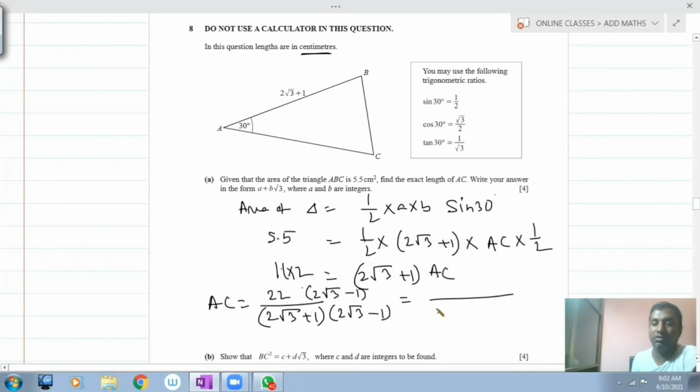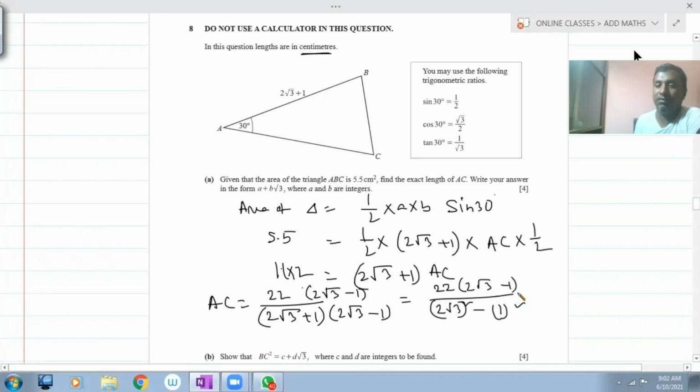So a square minus b square, that is 2 root 3 whole square minus 1 whole square, keeping the numerator the same, and then simplify this one. This is 4 times 3, 12, 12 minus 1, that is 11, 22 and 2 root 3 minus 1, 11 to the 22.